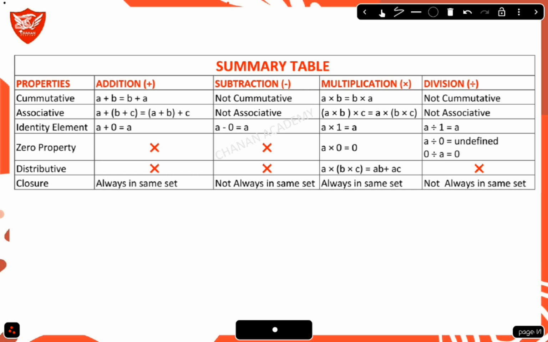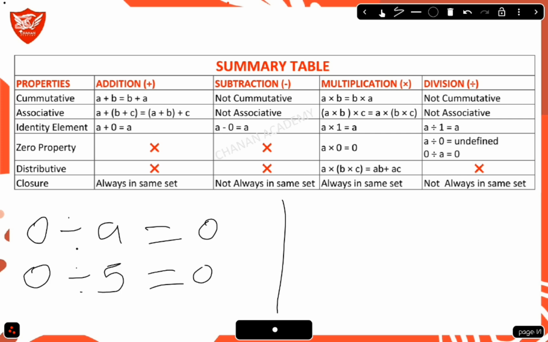The next one is 0 divided by any value, the result will be 0. If you have 0 divided by 5, the result is 0. If you have 0 divided by 1000, the result is still 0.